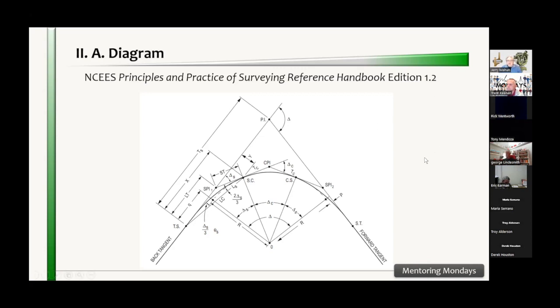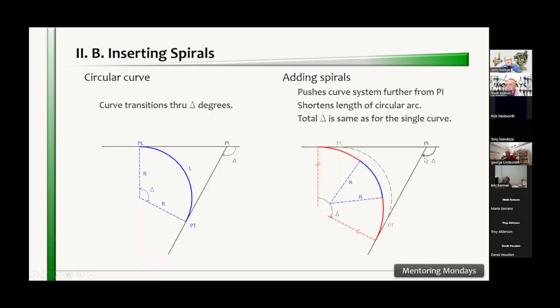So let's look at starting from scratch. We kind of build our way up into a spiraled situation. And I like to use a high transition or high delta angle situation because it makes it just easier to see. So we're going over 90 degrees for the delta angle here for a traditional horizontal curve.